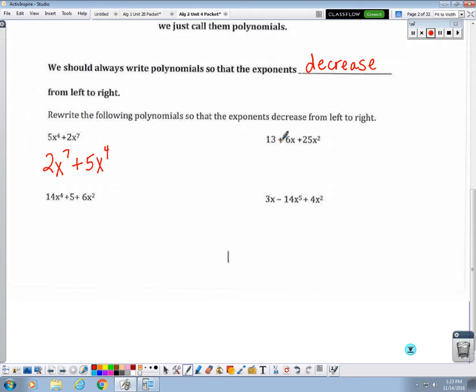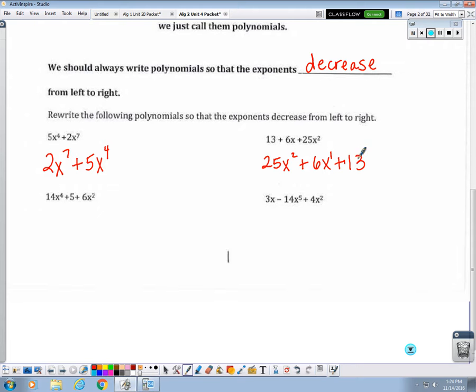Okay, what about this one? What will this trinomial look like once it's in standard form? Okay, we just rearranged them so that the exponents decrease, because this is an exponent of 2. This is an exponent of 1. There's an understood 1, and this has no exponent.